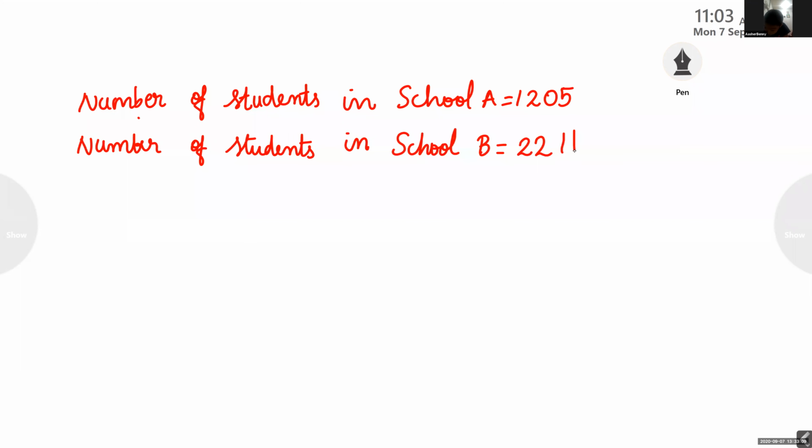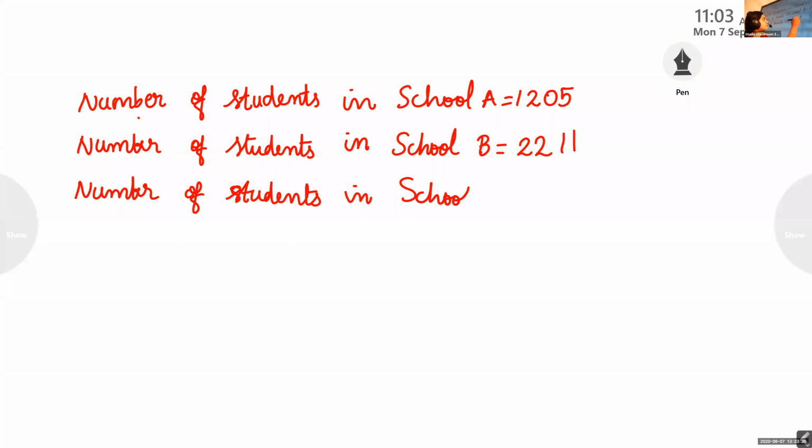Number of students in school C equal to 1671.